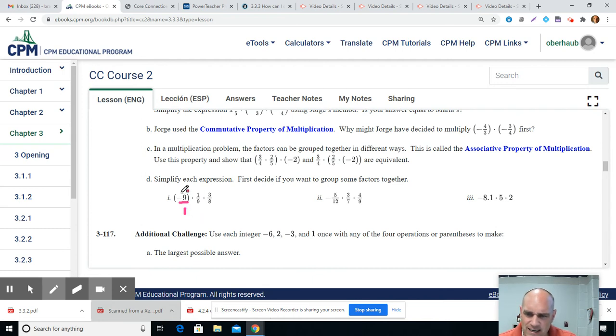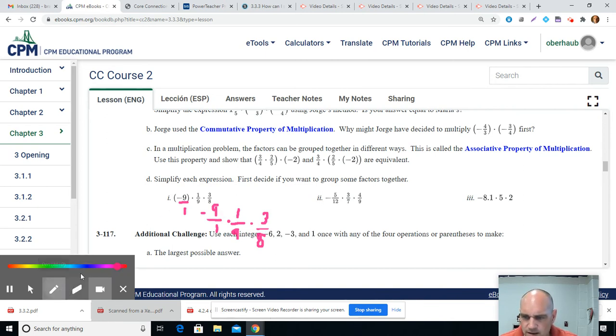Actually, I want to rewrite this so it's a little bit neater. So 9 over 1, and it's negative. And then I have 1 over 9. This is the part I'm liking. This is going to be that cross canceling, times 3/8.